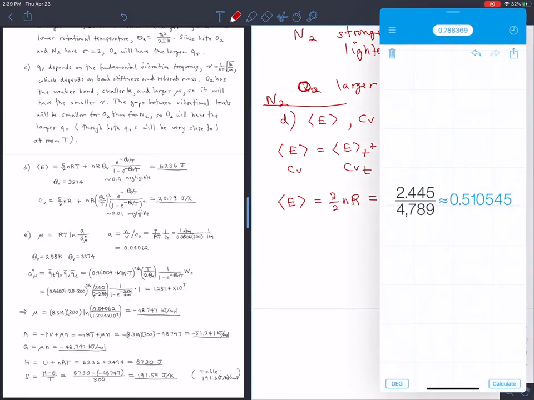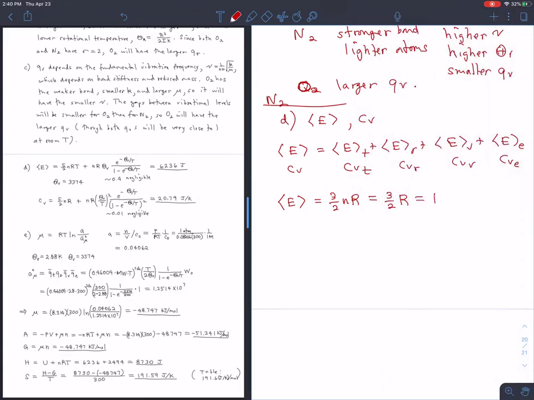Let's calculate it. I didn't do the individual ones. I just did the combination of translations and rotations. So 3/2 times 8.314 is 12.47. Oh, sorry, that's the heat capacity. I'll come back to that.